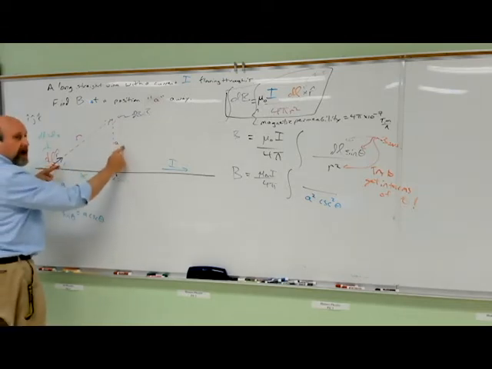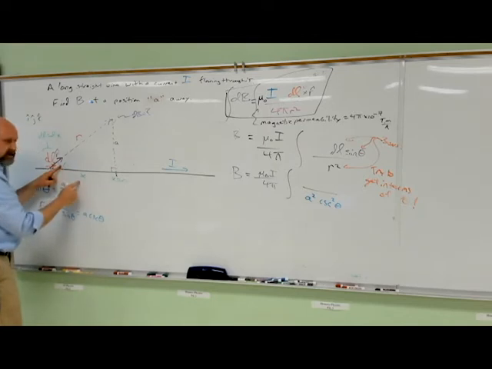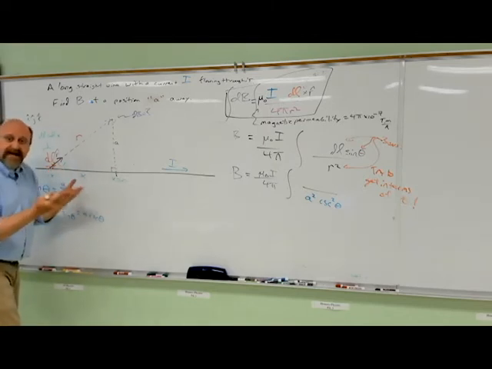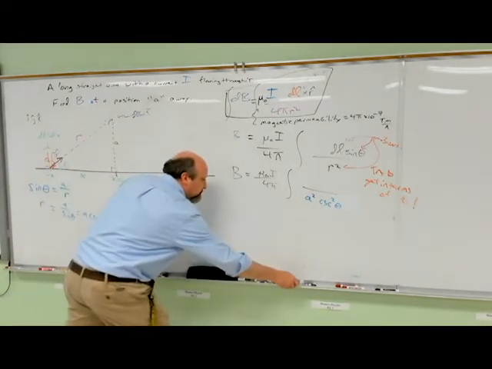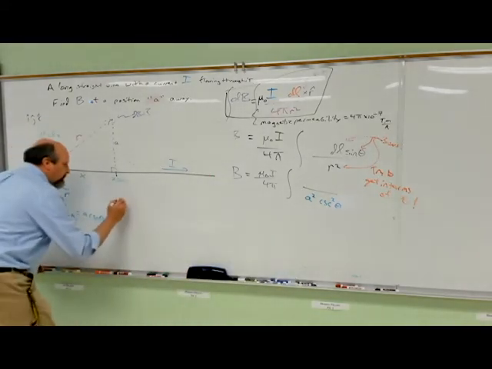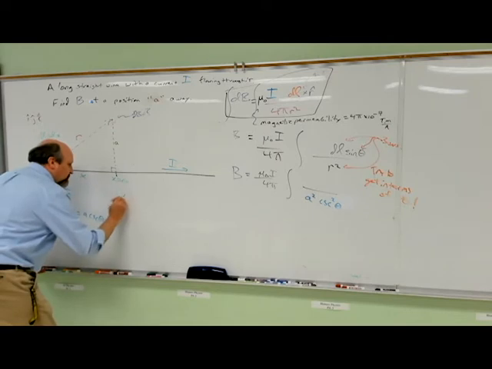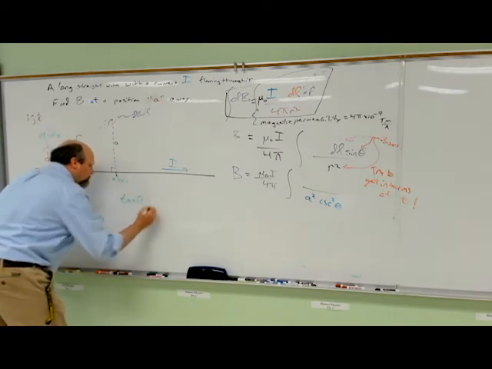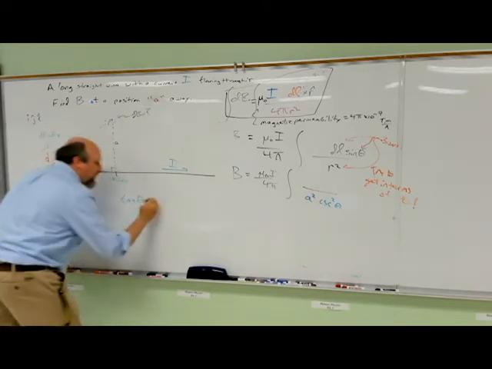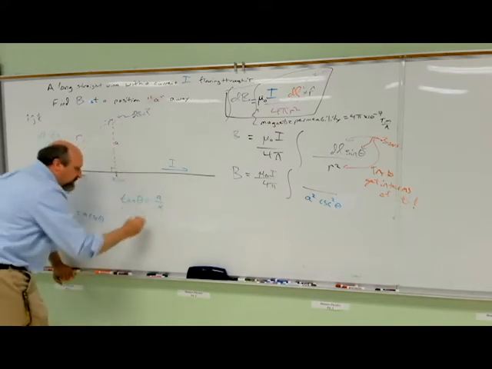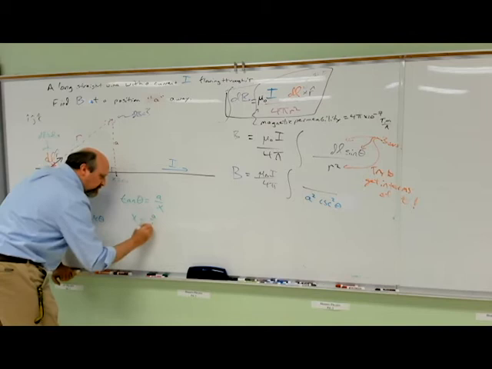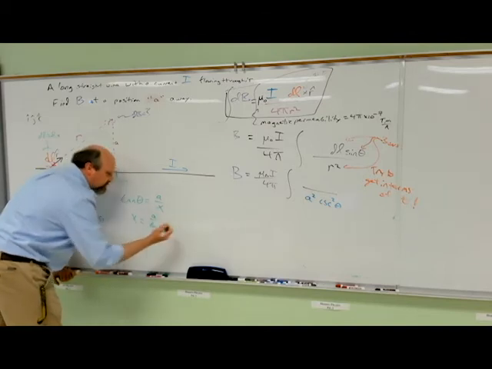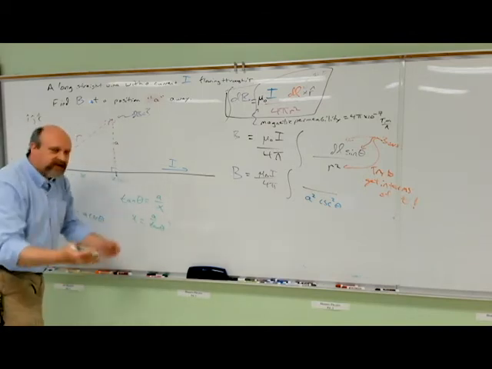So a is the opposite side, x is the adjacent side. I'm talking about tangent. The tangent of theta is going to be opposite over adjacent. It's going to be a over x, which means rearranging, x is equal to a over tan theta. a over tan theta, 1 over tangent, that's called cotangent.